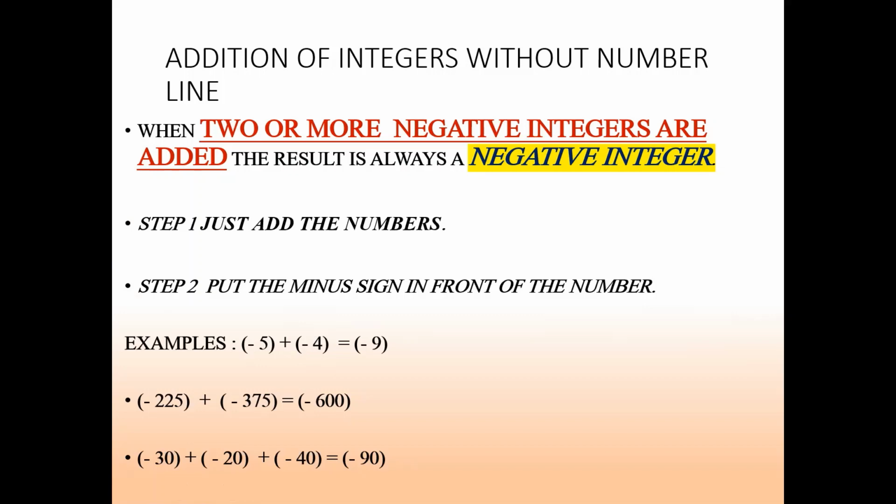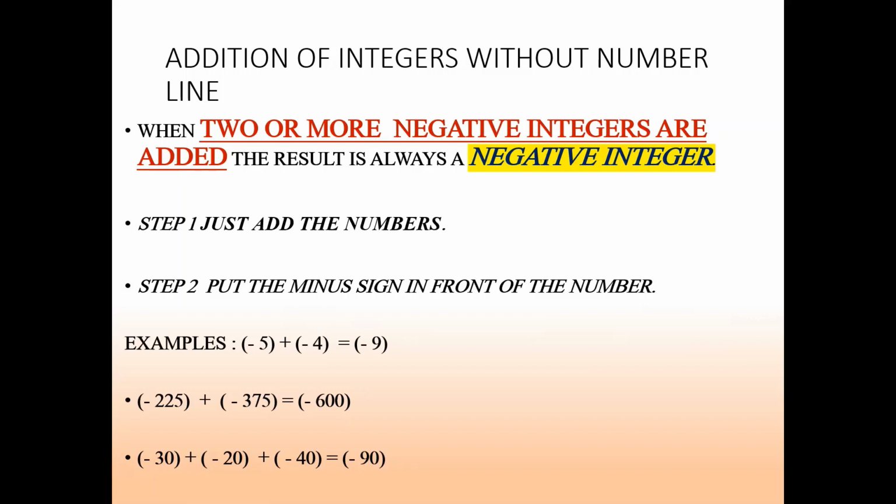If you have loss, show it with the minus sign instead of using the words loss and profit. If something is above the ground level, show it with a plus sign, and if something is there below the sea level, then show it with the minus sign.